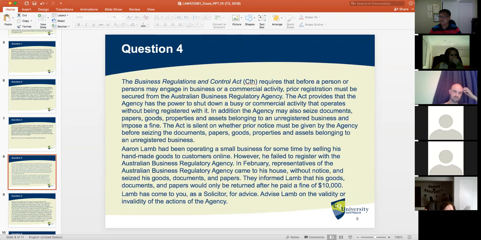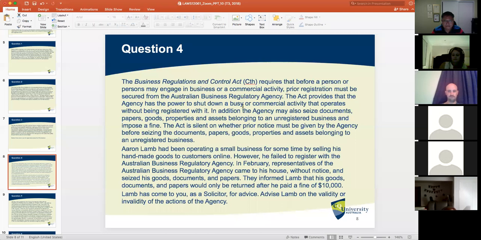The Business Regulation and Control Act, Commonwealth, requires that before a person or persons may engage in business or a commercial activity, prior registration must be secured from the Australian Business Regulatory Agency. The Act provides that the agency has the power to shut down a business or commercial activity that operates without being registered with it.